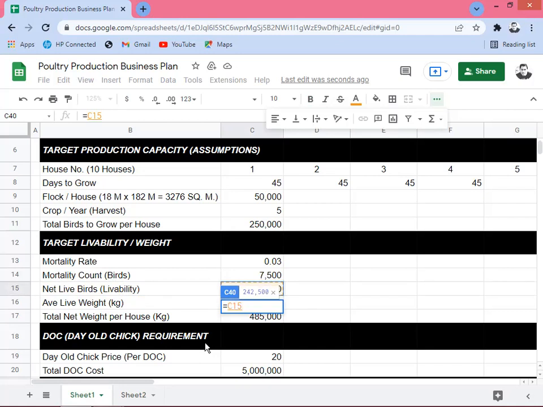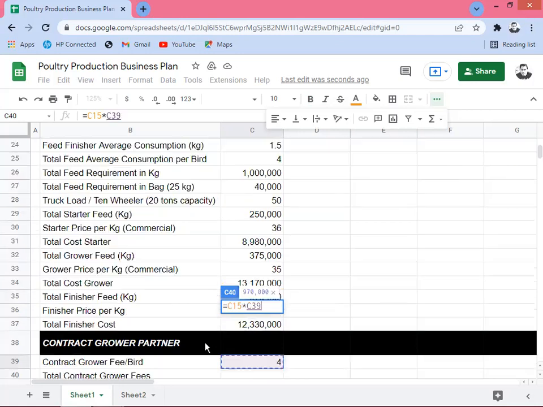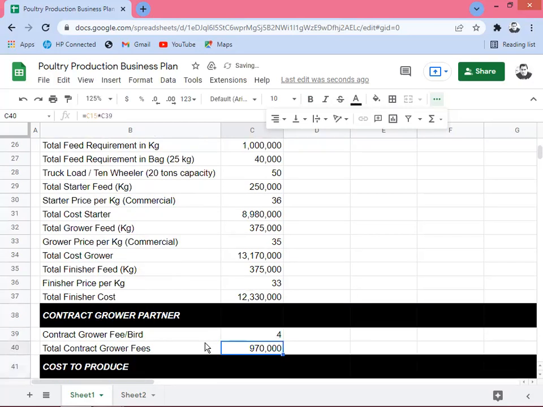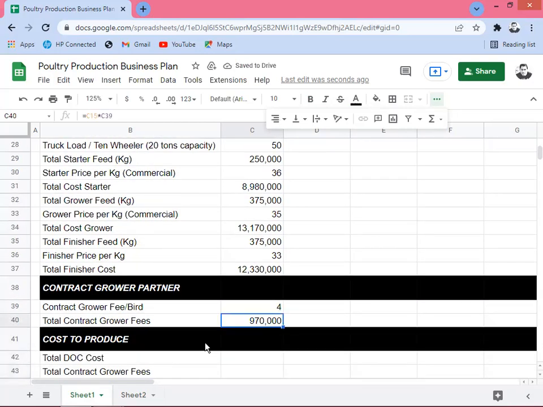I'm only paying the contract grower business partner for the production output, the actual birds coming out of the house. Then multiply that by this fee, 4 rupees, and that would be 970,000 total contract grower fees.